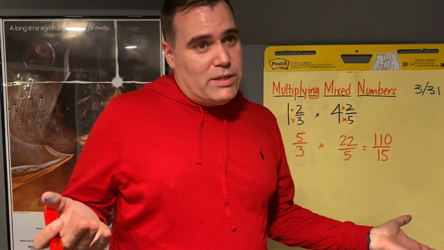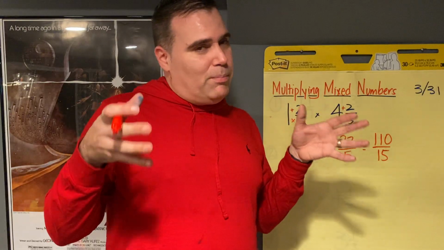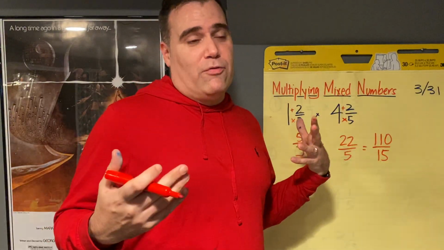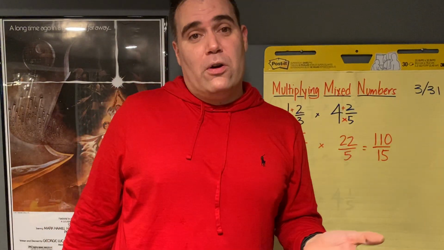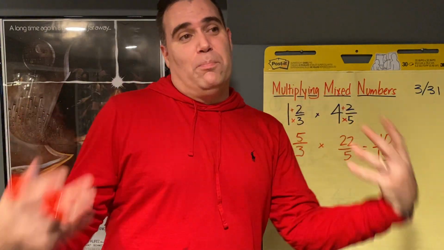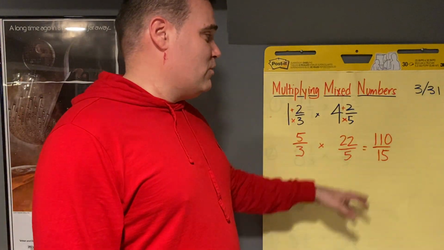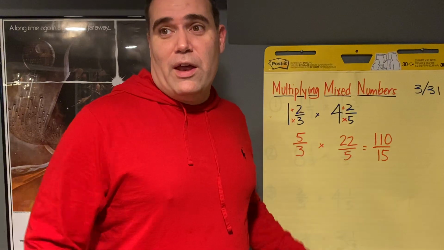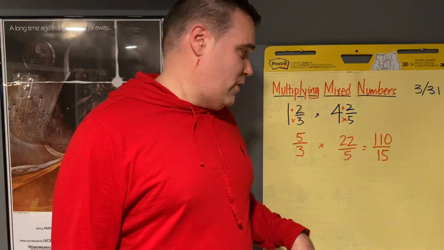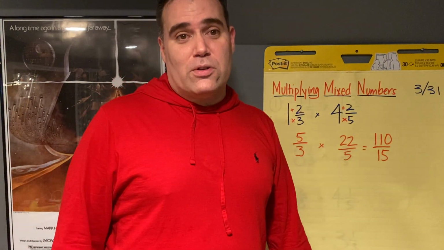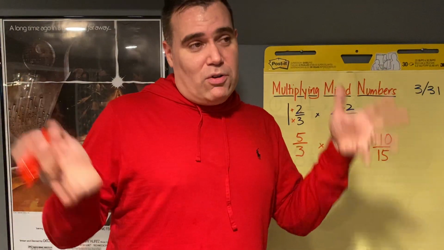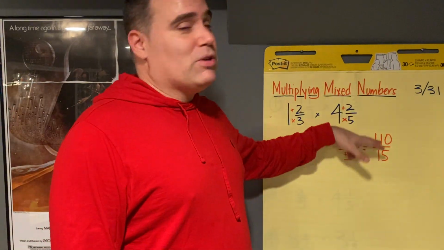So I have a choice here. And this is really going to be up to you in terms of what you prefer. If you feel like you're better at converting to a mixed number than simplifying the fraction, then you can convert it first. If you feel you're better at reducing the fraction, then I would do that first.